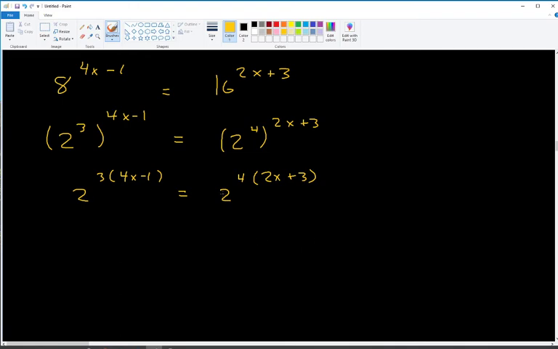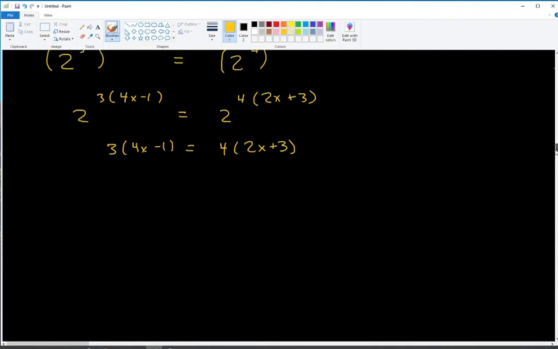So same base, different powers. We're able to ignore the base at this point and set the powers equal to each other. And then we just solve out the equation based on those two powers. So we distribute the 3 on this side, distribute the 4 on that side. And then we're going to subtract 8x.